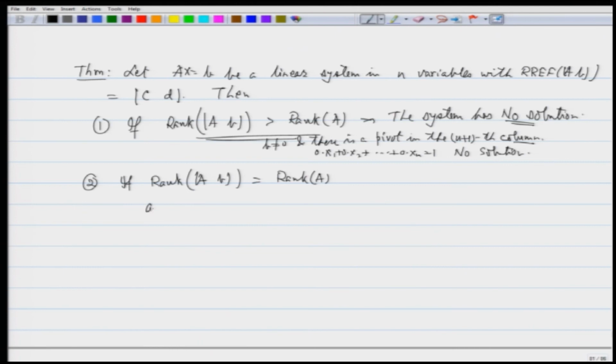Now, here we have two cases. Case A: rank of A is n, which is the number of variables, all right.